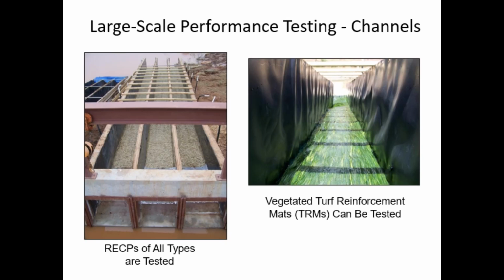All types of RECPs may be tested using ASTM D6460. Vegetated TRMs may also be tested. Typically, vegetated TRMs must be exposed to flows in steeper slope flumes, up to 20%, in order to generate sufficiently high hydraulic shear stresses to cause significant soil loss.